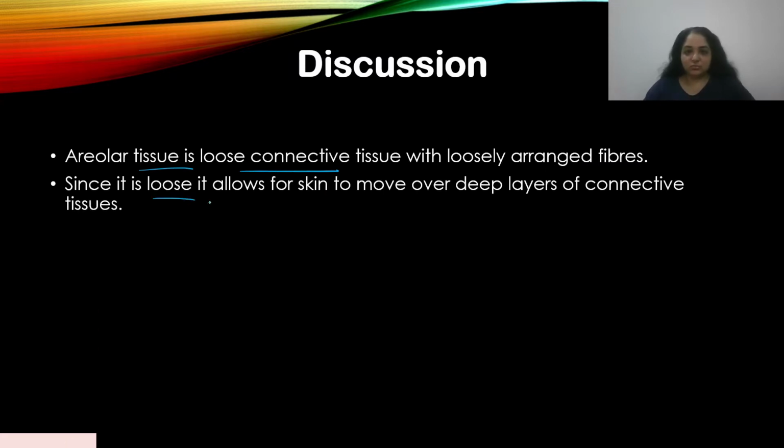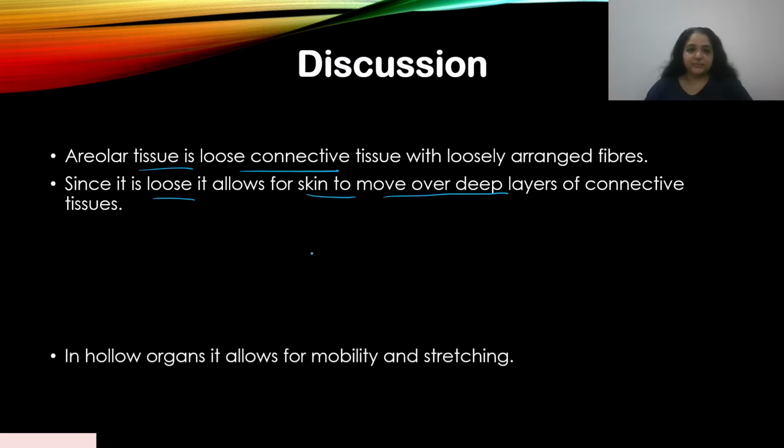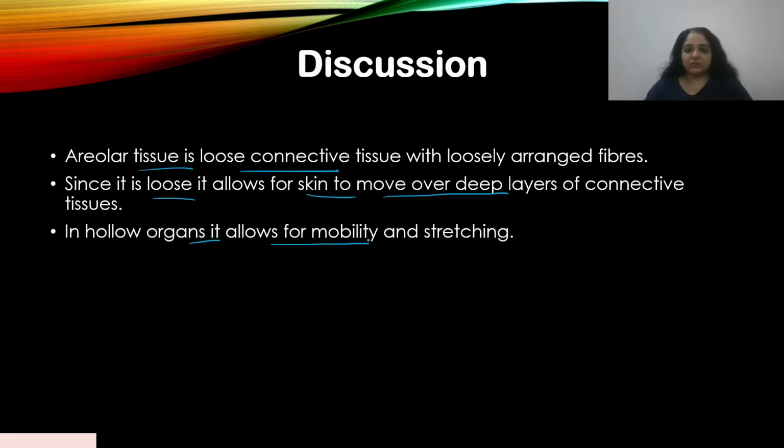Since it is loose, it allows for skin to move over deep layers of connective tissues. In hollow organs, it allows for mobility and stretching. So this loose connective tissue, the areolar tissue, plays a very important role in movement, and of course mobility and stretching in hollow organs.